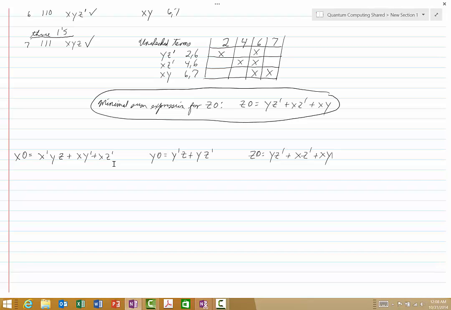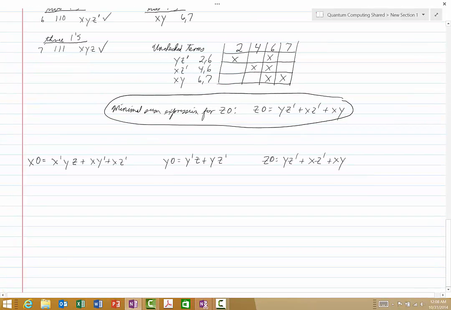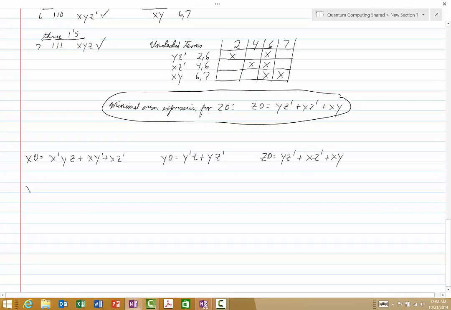Okay, so for each one of these, my approach would be, as we did in the last lecture, to invert each one of these twice. So we have x prime y z, or x y prime, or x z prime, and that's primed and then primed again.